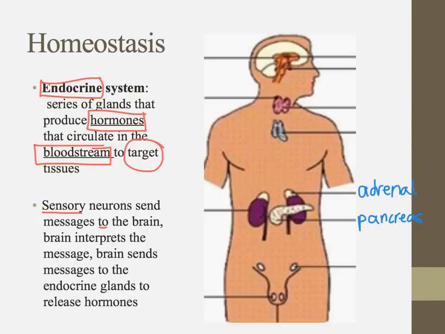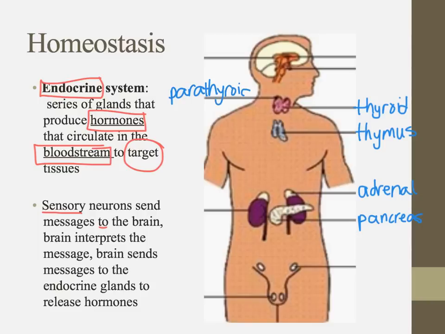Okay, so in this chest area here, we have the thymus gland and the thyroid gland. We'll talk a little bit about that later. This thyroid gland is super important. It's like this butterfly-shaped gland right here in your neck, and sitting kind of right on top of it is something called the parathyroid.